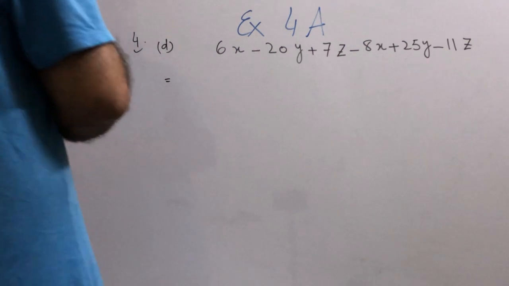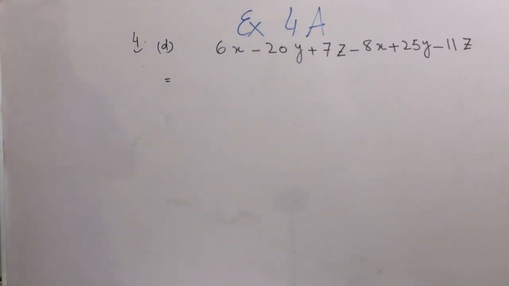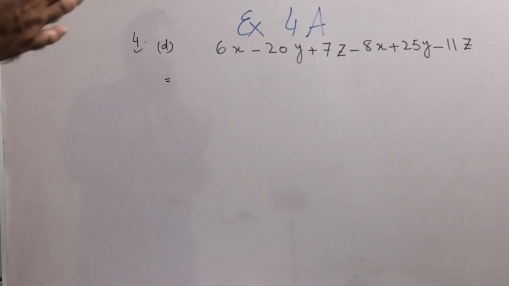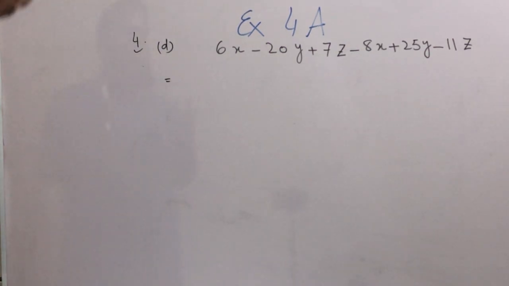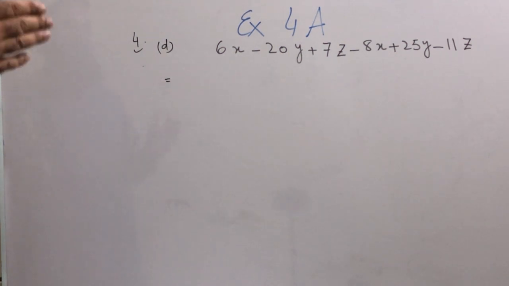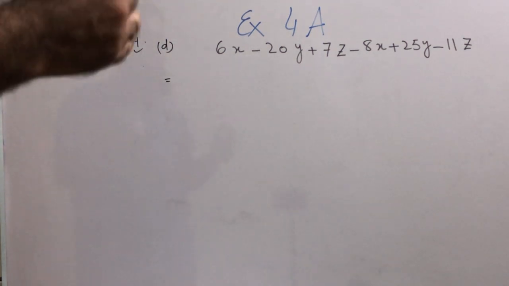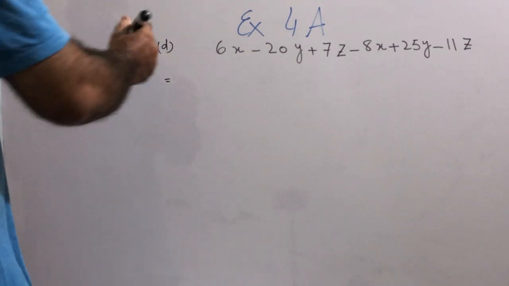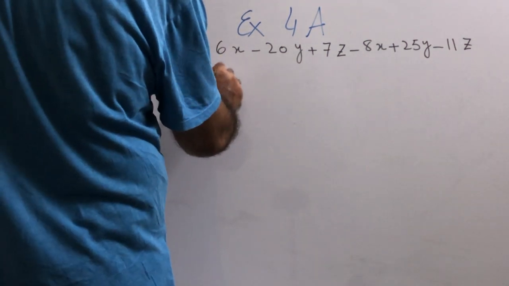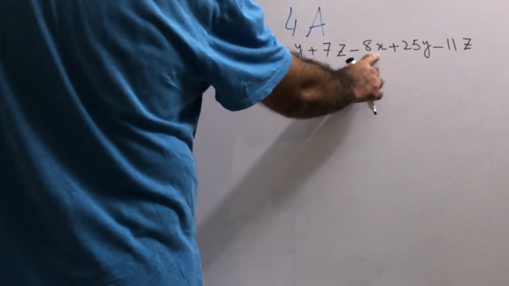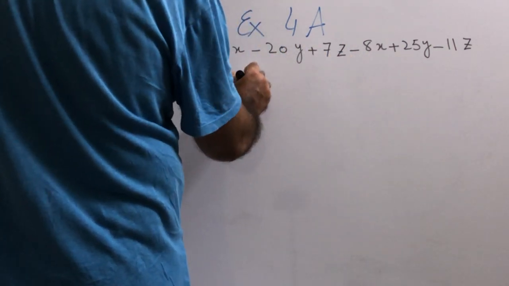Now the very first step is that we need to bring closer, we need to make neighbors of the like terms, meaning the terms involving x will be brought closer. Then the terms involving y will be brought closer, and then the terms involving z will be brought closer. So we start, this is 6x, bring closer this minus 8x right here.